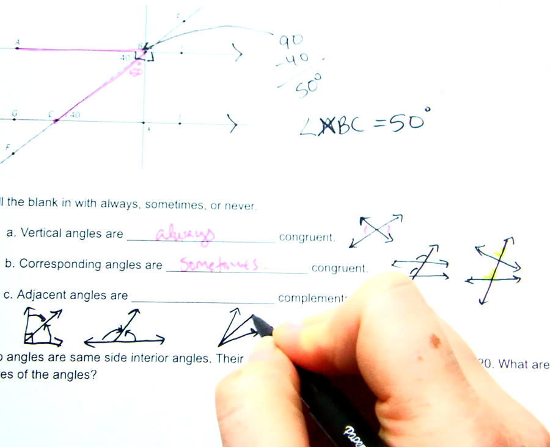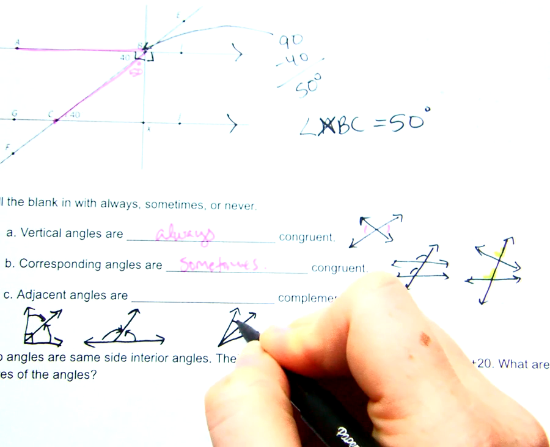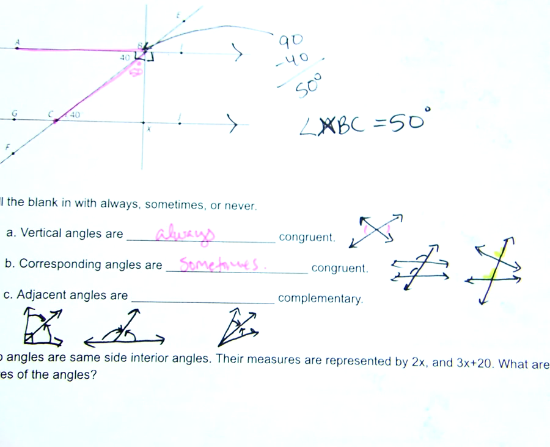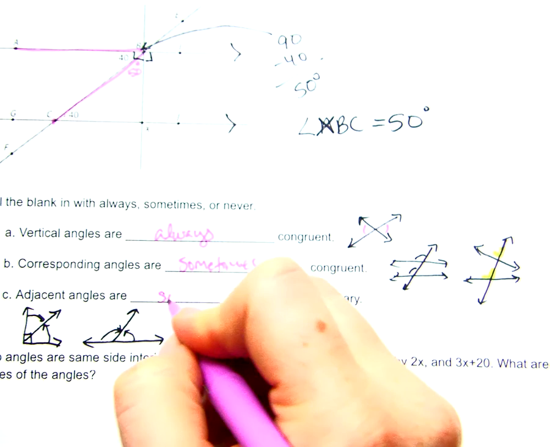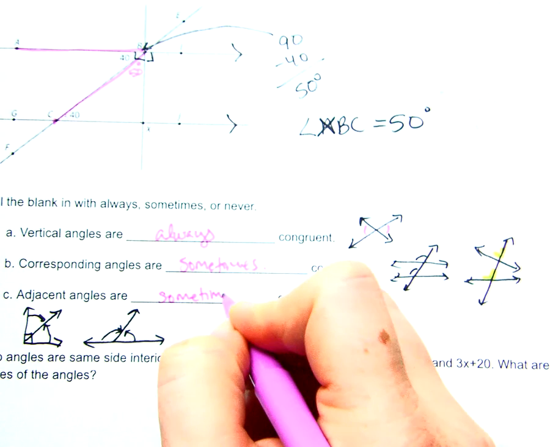Here are two angles right here that are adjacent that maybe add to 30. So adjacent doesn't tell you anything about the measurement. Adjacent only tells you that they share this common ray, right? They're attached to each other like two adjacent parking spots. So sometimes they're complementary, but they don't have to be.